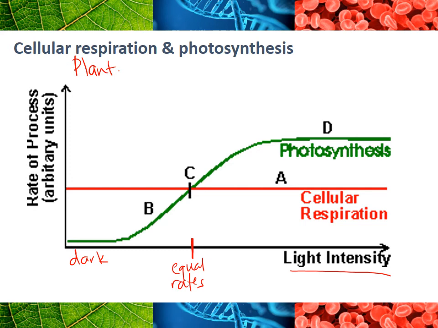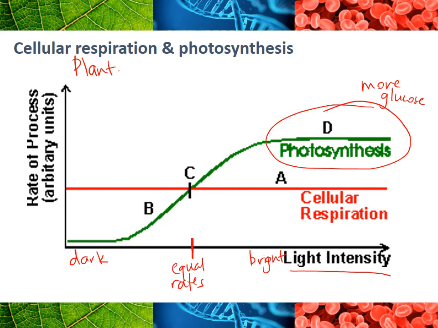If we were to, depending on what this unit process is, whatever the input or output we're talking about here is equal. And then as it gets really bright, so let's say it's the middle of a bright sunny afternoon, the rate of photosynthesis is actually higher now than respiration, which means there's probably more glucose.